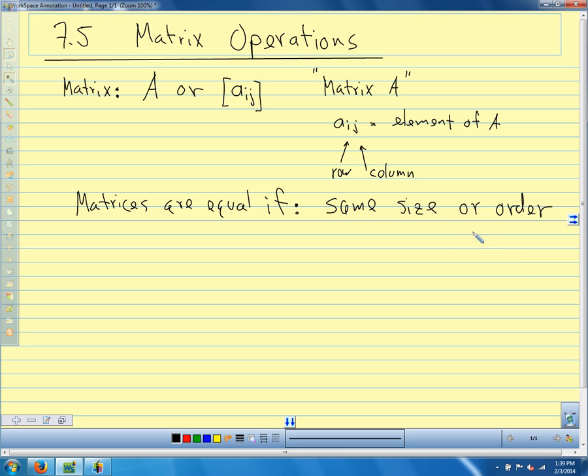When we said size or order, remember we talked about an m by n matrix. So they have to have the same size, the same order, and each corresponding element is equal.